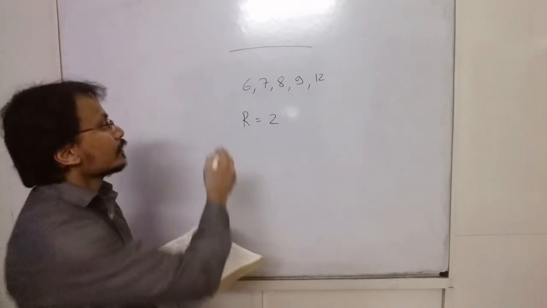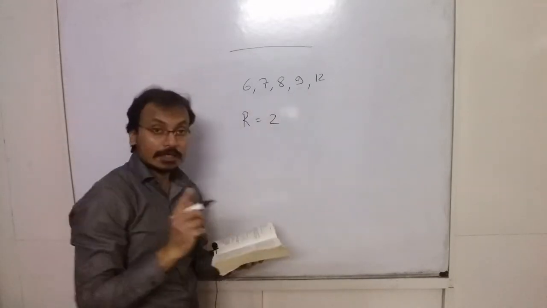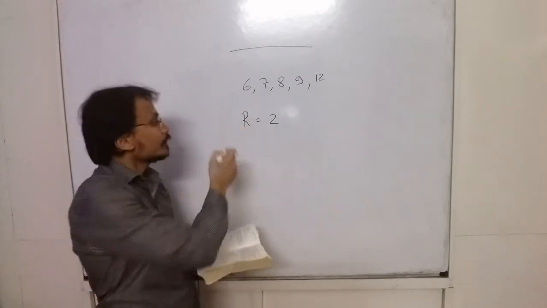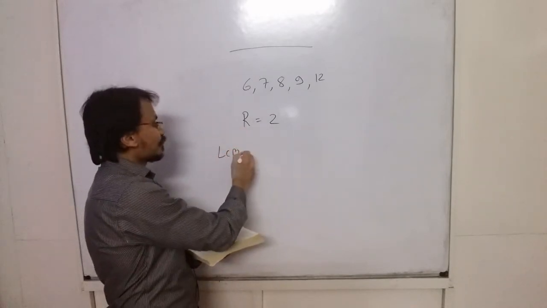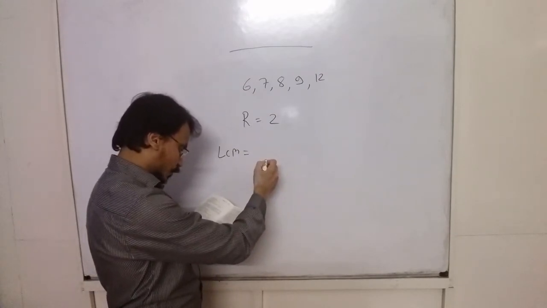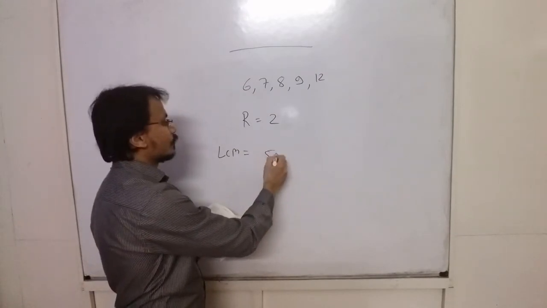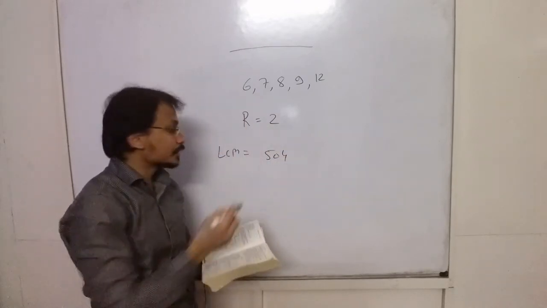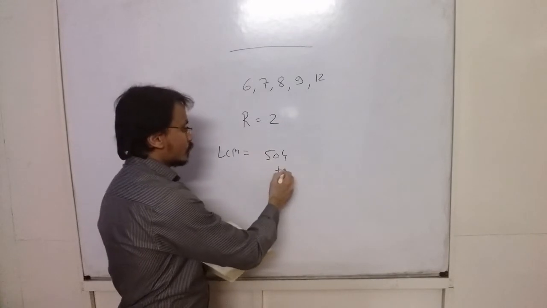In this case, just find the LCM, because they are asking for the lowest number which is divisible by all these numbers. So the LCM is going to be 504. Okay, 504 is the LCM, and we want 2 as the remainder in each case, so just add 2 to it.